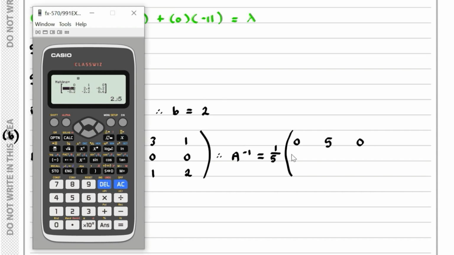Here we've got 2/5, so 2 goes here. Here we've got 12/5, so 12 goes here. Minus 1 goes here. Minus 1 also goes here. Minus 11 goes here, and 3 goes here. So this is the inverse of that matrix.